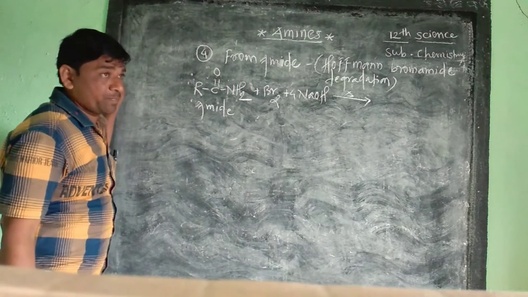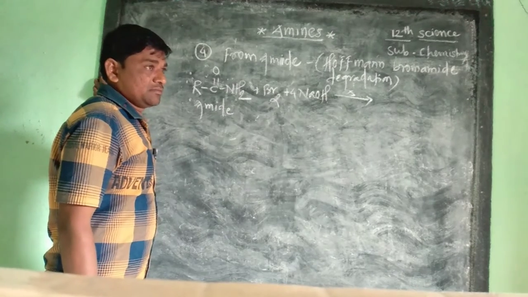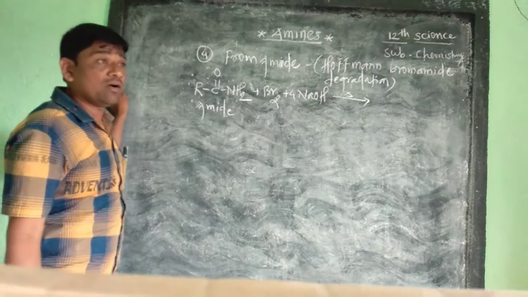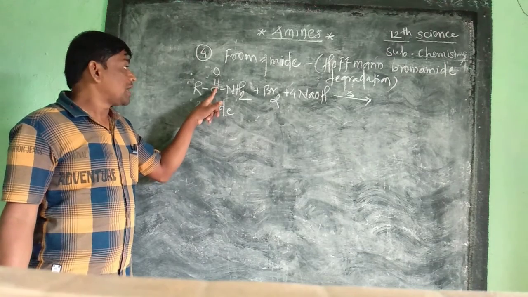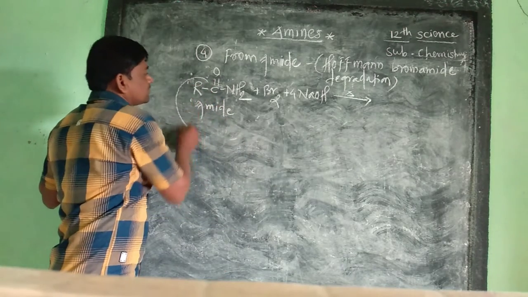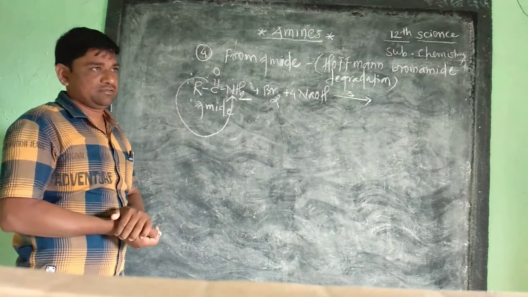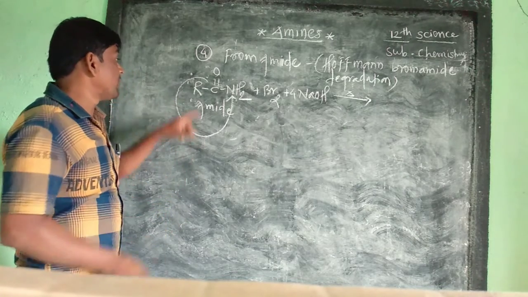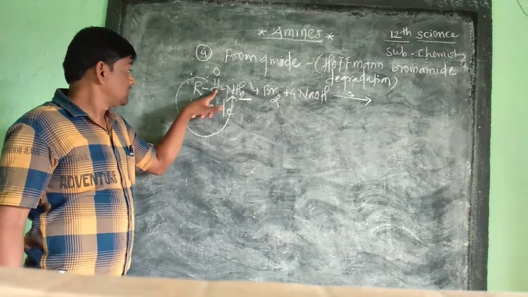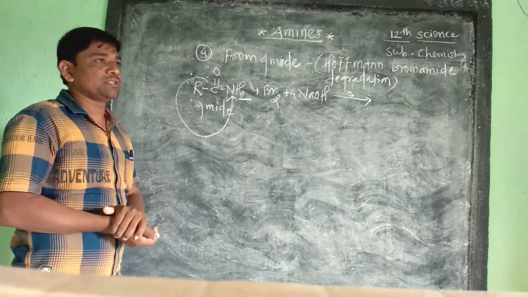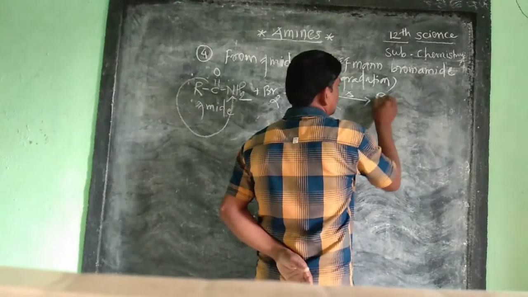In this reaction, a molecular rearrangement takes place. That means the migration of the alkyl or aryl group from the carbonyl carbon to the nitrogen atom. The alkyl or aryl group migrates from the carbonyl carbon and gets attached to the nitrogen atom, and then a primary amine is formed.